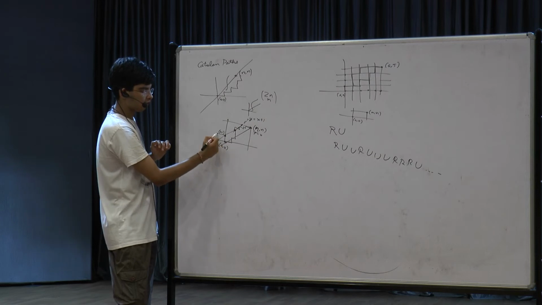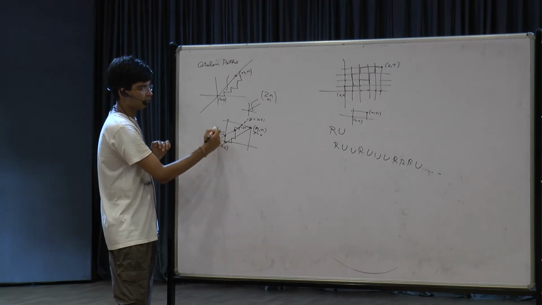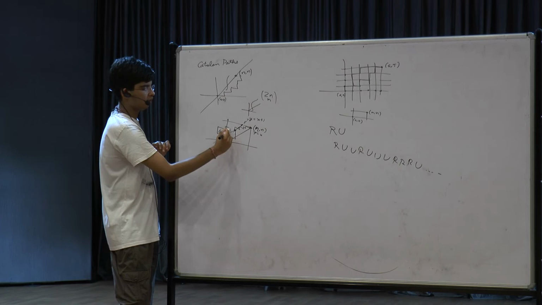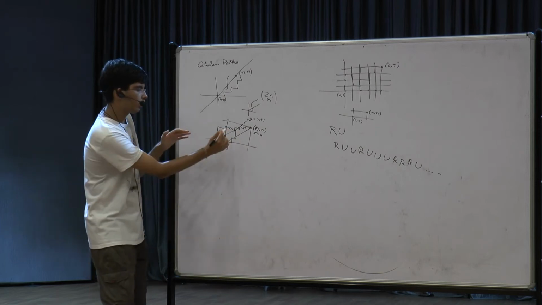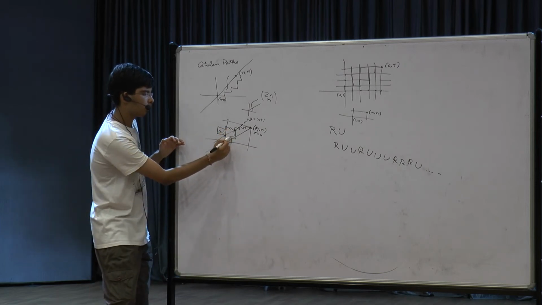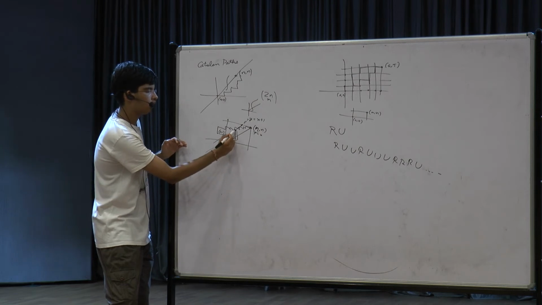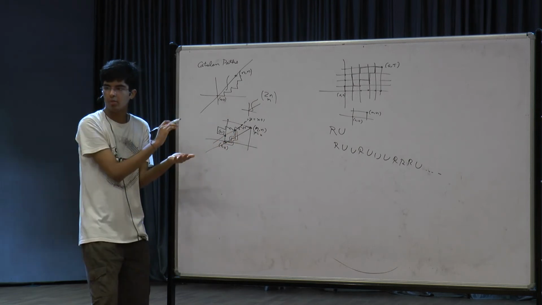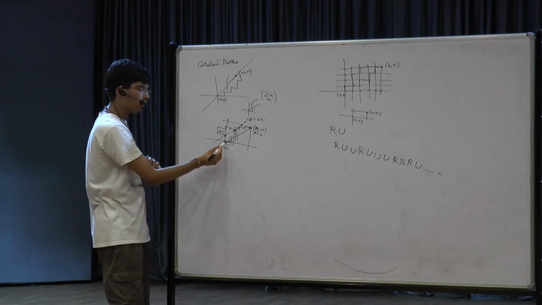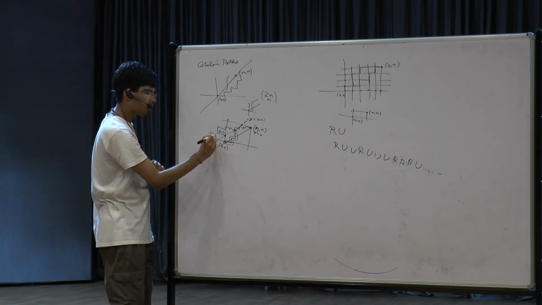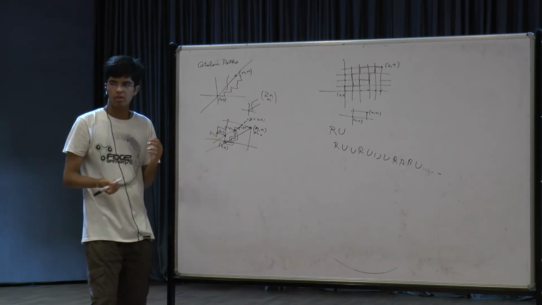So this was a down thing, so this will be an up thing to a right thing, and so on. So we look at this portion of the path, and we reflect it in this y equals x plus 1 line. So 0, 0 reflects to minus 1, 1, and that is fine.